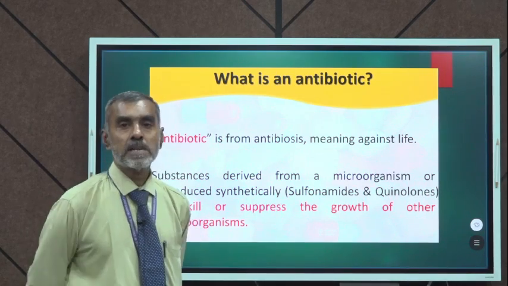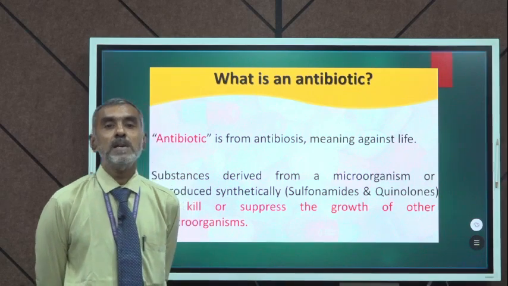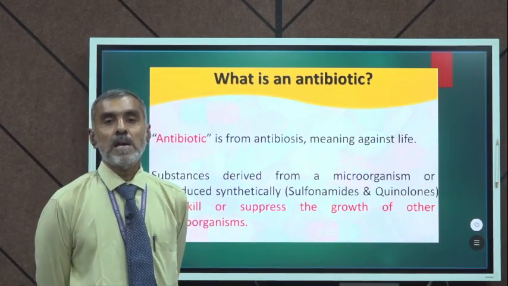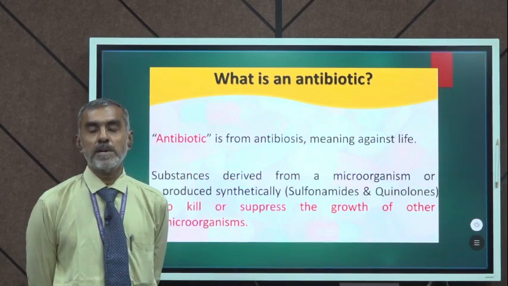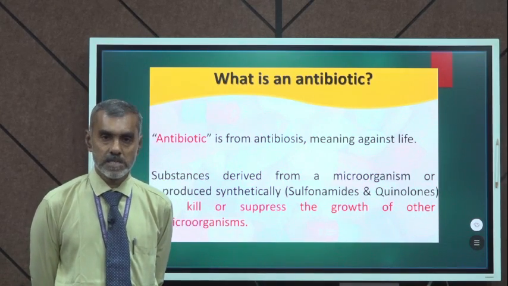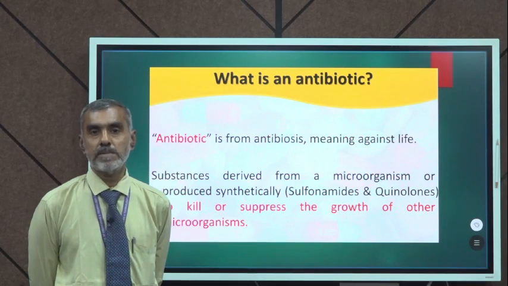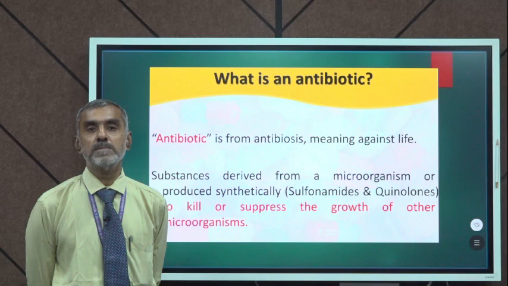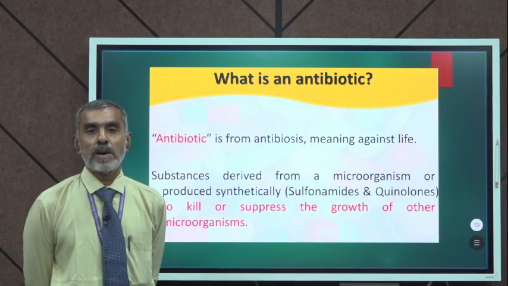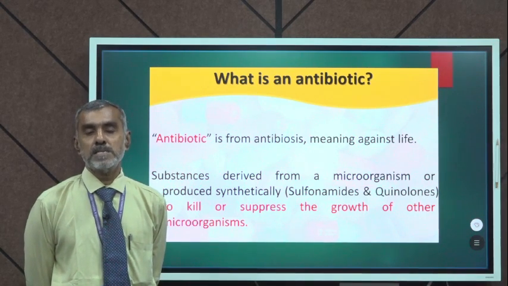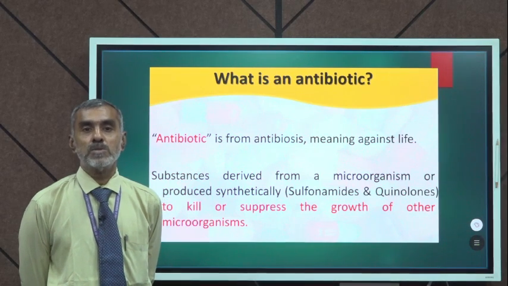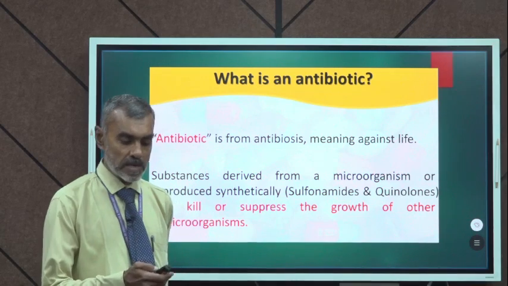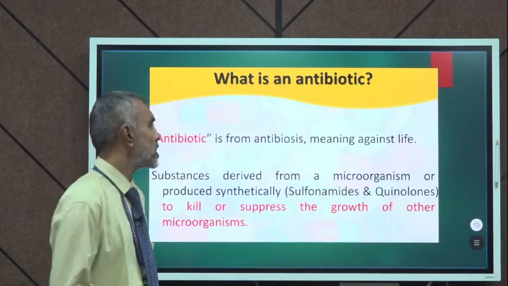Why are antibiotics so important in microbiology and the clinical field? Most pathogenic microorganisms cause diseases in human beings as well as animals. To control such pathogens, it is essential to provide antibiotics against them. So, antibiotics are very important in microbiology to control pathogenic microorganisms.